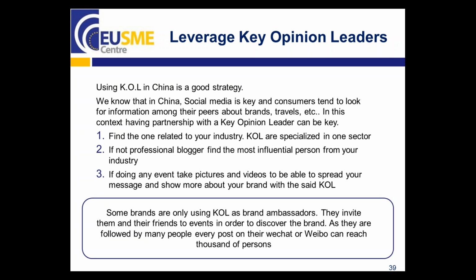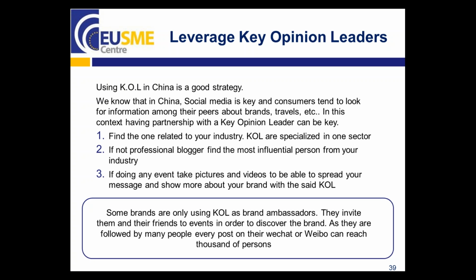The fifth element is leveraging the key opinion leaders. Key opinion leaders can be many different persons. You can have some related to your industry. You can have some who are very famous. They can be professional bloggers or not. It really depends.